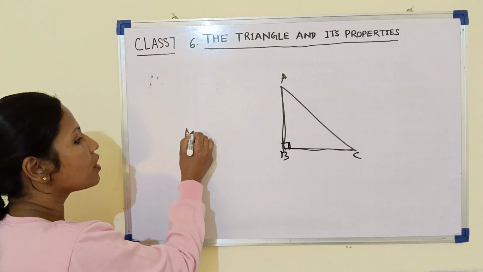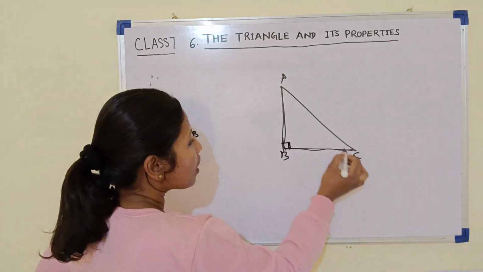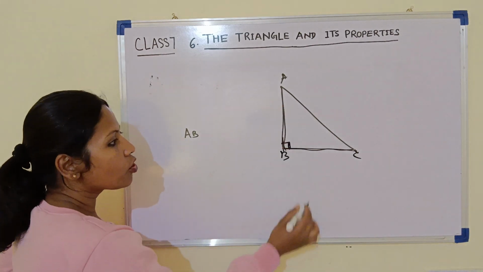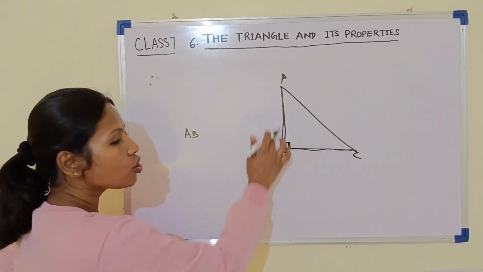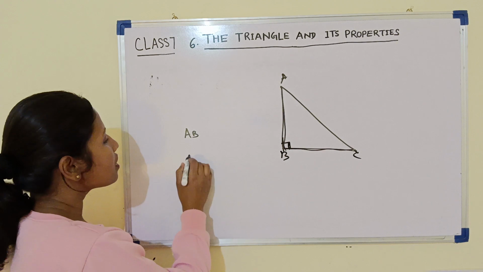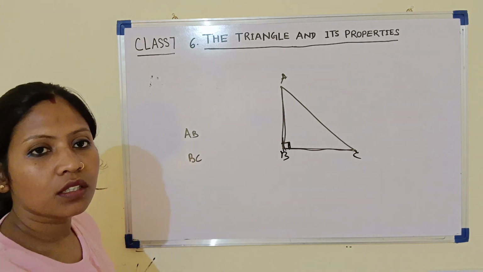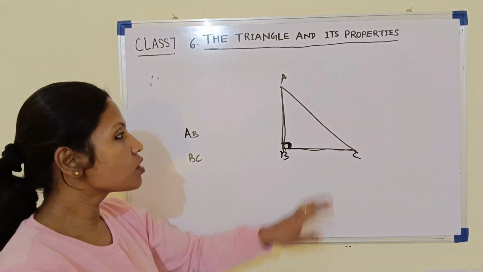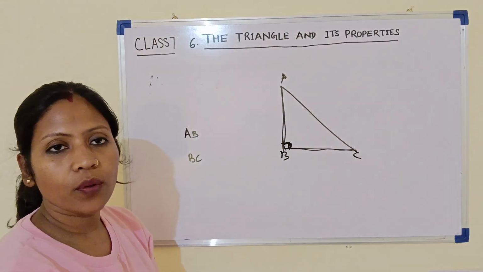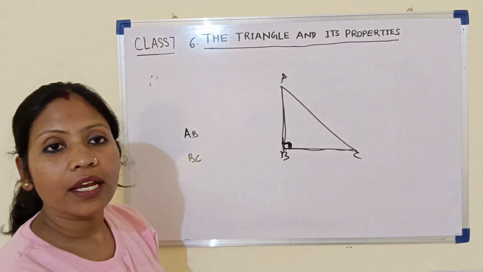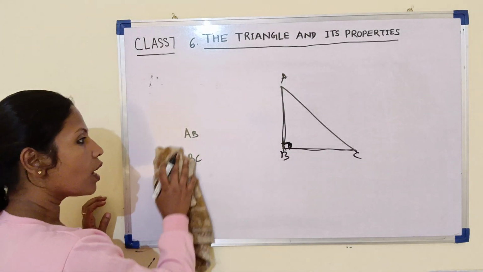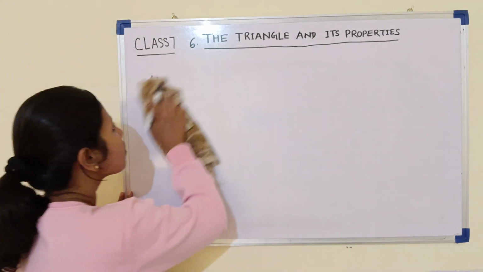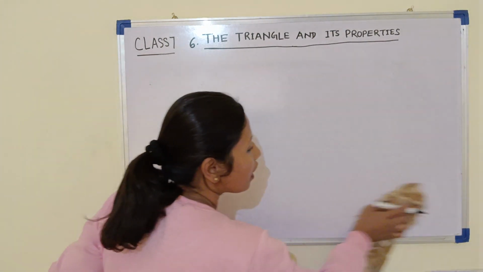And if I ask to draw a perpendicular from C to AB, then BC itself is a perpendicular line. Why? Because the angle is 90 degrees. So these two are perpendicular to each other, and these two are altitudes of this triangle ABC. So we learned about the altitude and medians.